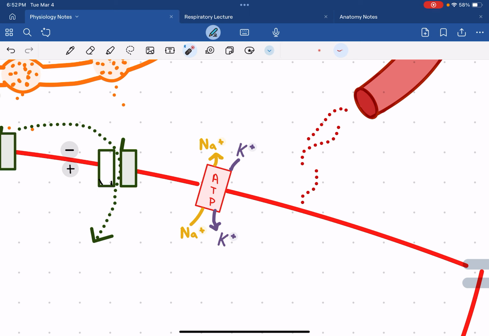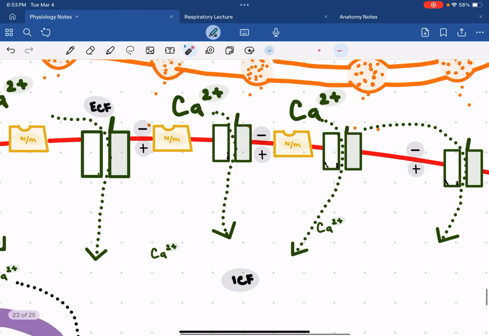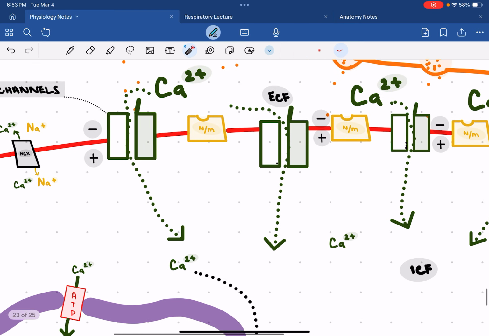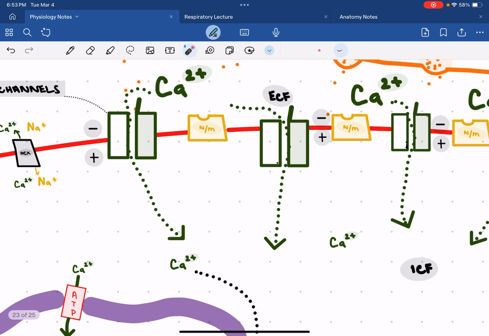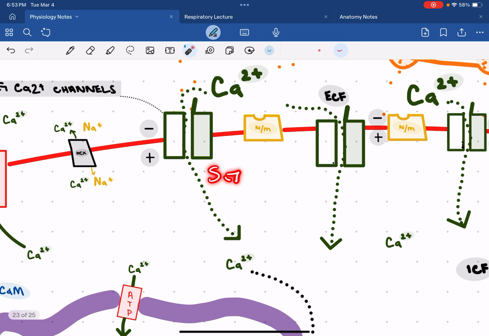The only way to do that is to keep bringing in more potassium and keep taking out sodium. So she's working all the time. Because she's working all the time, the SGLT pump is able to do its thing.